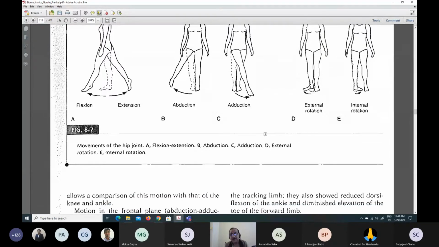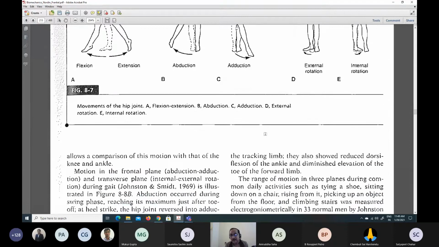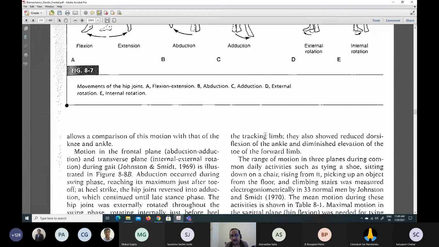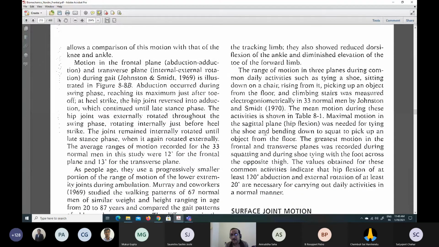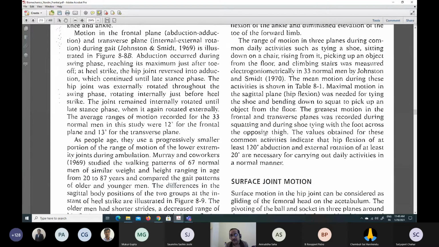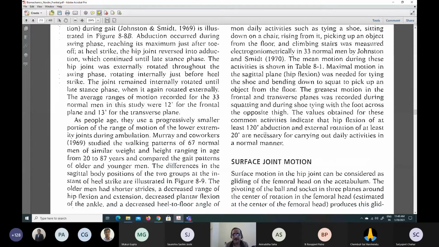So these are the 3 main movements, primarily rotations, arising out of your hip joint in the lower limb segment.